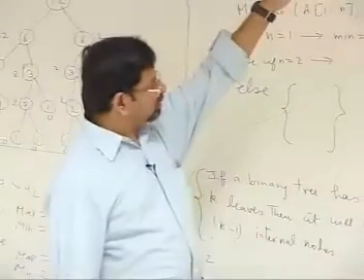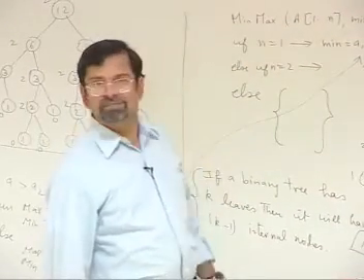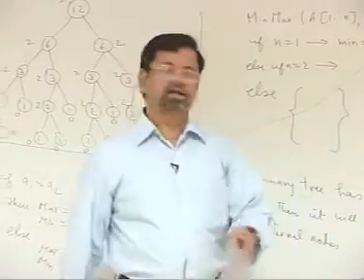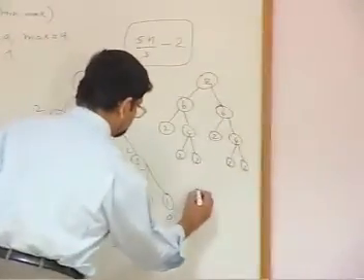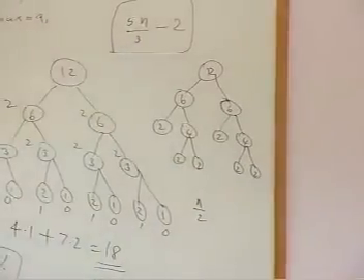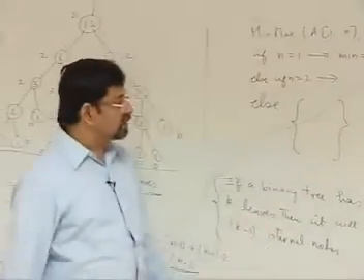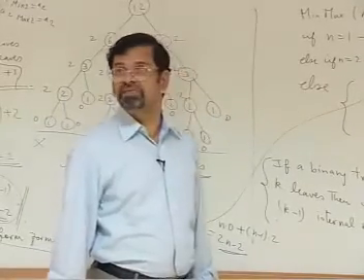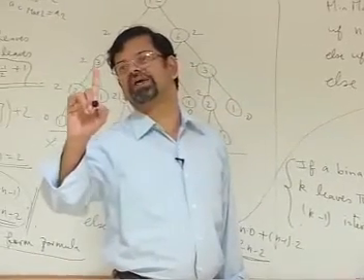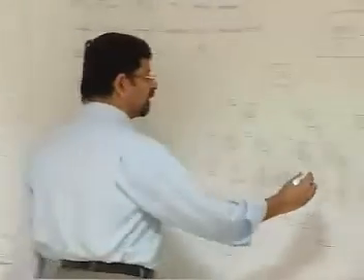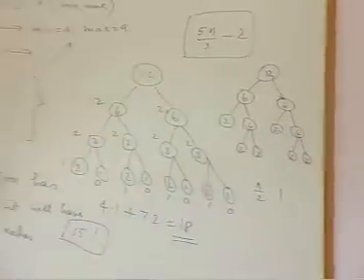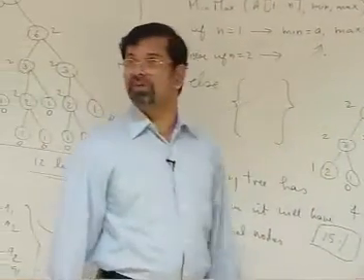So if the input problem size is n, how many leaves will be there? n by 2 leaves. If there are n by 2 leaves, what is the comparison on behalf of each leaf? On behalf of each leaf you are making only one comparison, so n by 2 into 1. And how many internal nodes will be there?